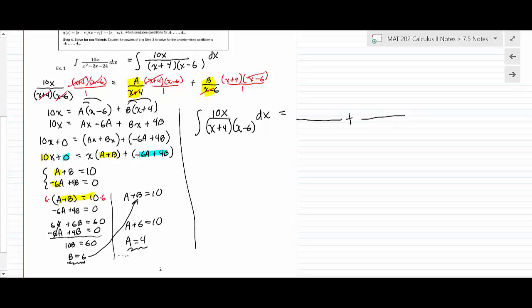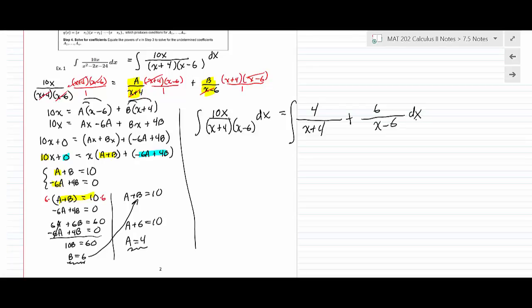So a is 4, we plug that in and make that a 4, and we have x plus 4. The second part was x minus 6, with b turned out to be 6. So we're changing this integral to that integral right there, and then we're ready to do the integral. Does that look okay?